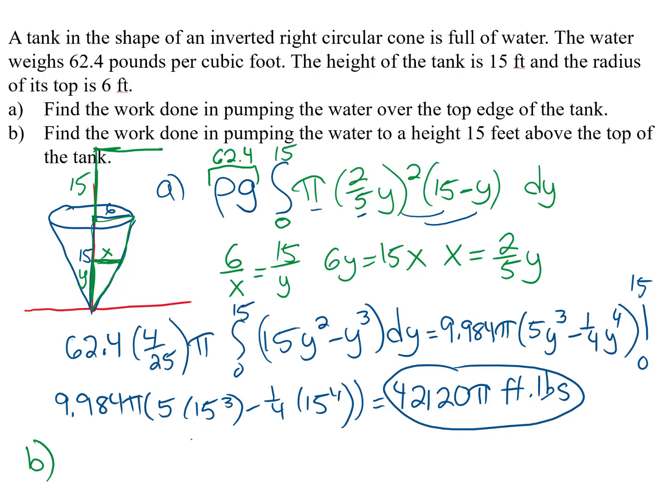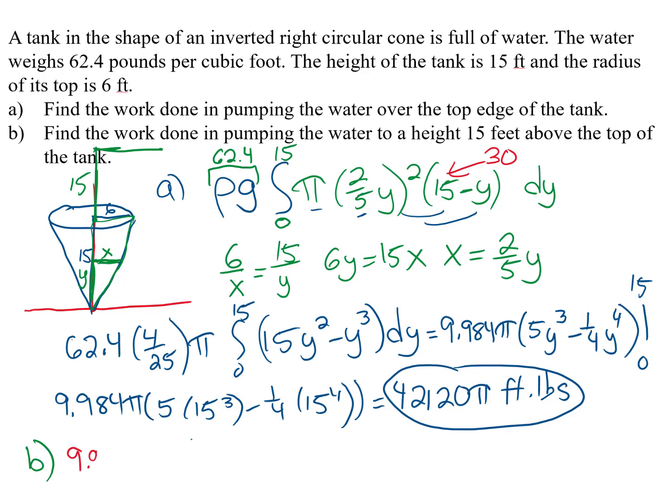So if we looked at our original integrand, the only thing that's going to change is this 15 is now going to be 15 plus 15, or 30, because it's 30 up to the top, subtract the y for whatever slice we are. So the rest is going to stay the same.